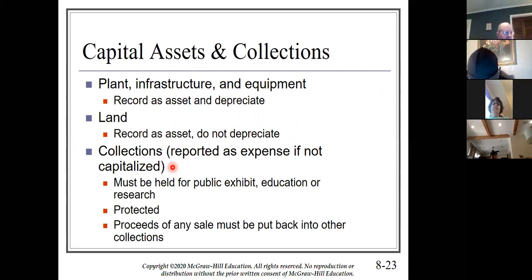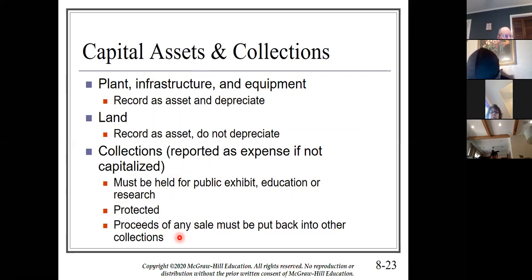That would be something like a museum collection. If it's held for the public to look at or use for education or research, and it's protected, and if they sell any of it, the money has to be put into another collection, then this is not considered to be the same as their other kinds of capital assets.